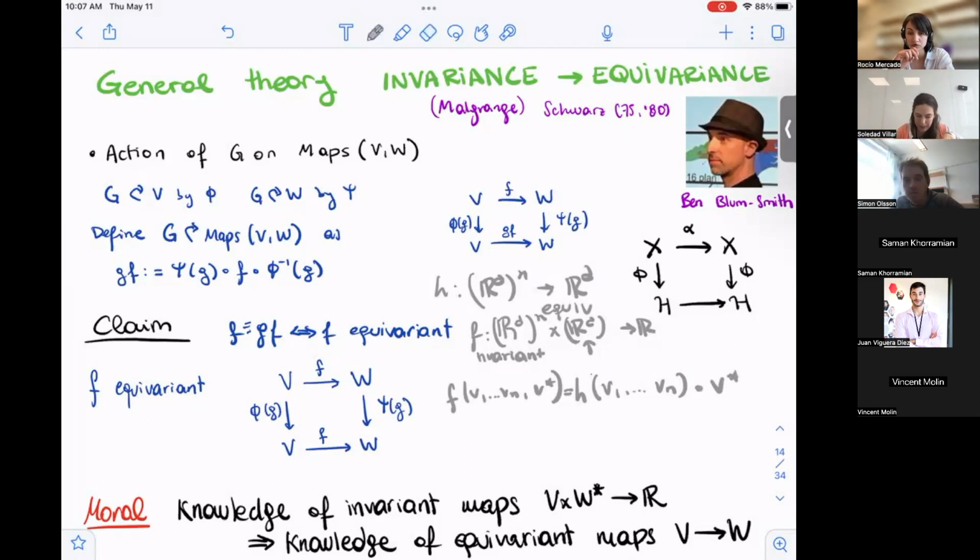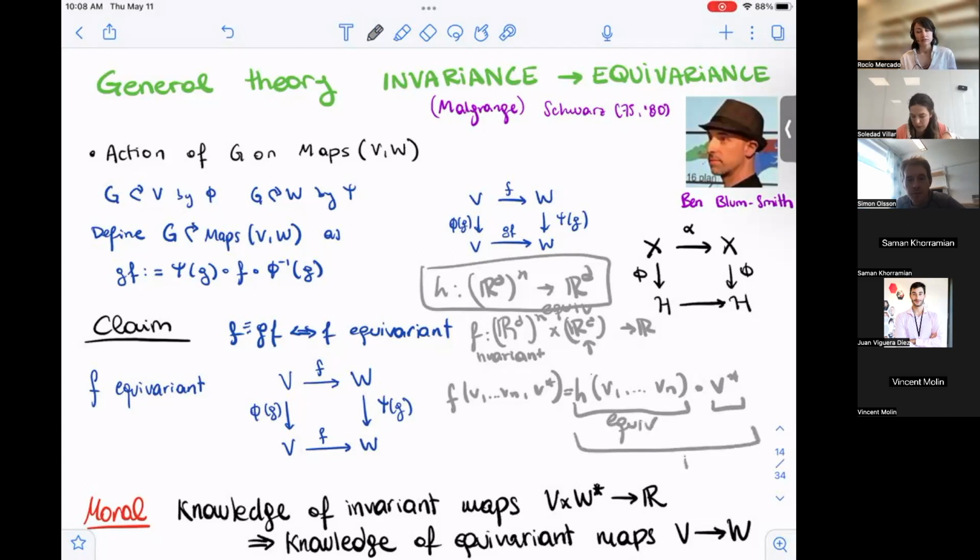So I take n vectors in R^d, and given an equivariant function that takes n vectors in R^d and outputs a vector in R^d, I can construct an invariant function, which is just taking the equivariant function and then taking the inner product with the last thing. If this function is equivariant, then this inner product is invariant.